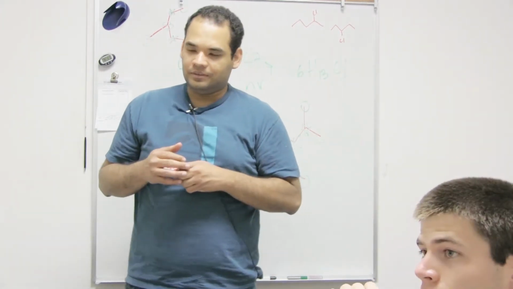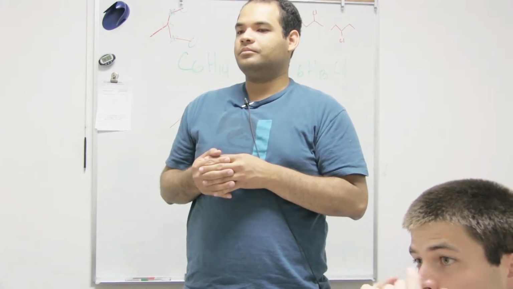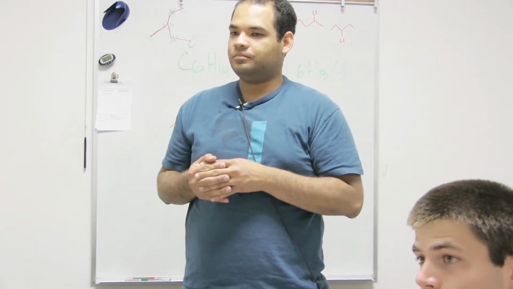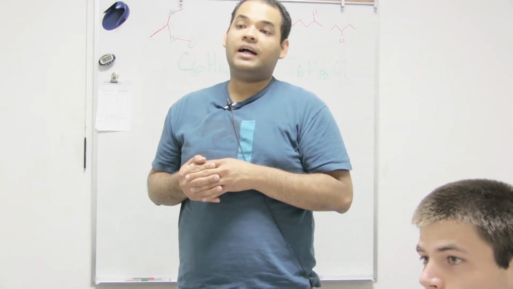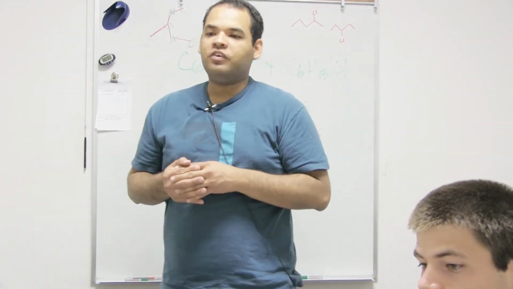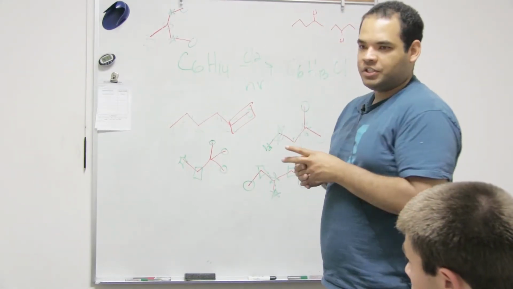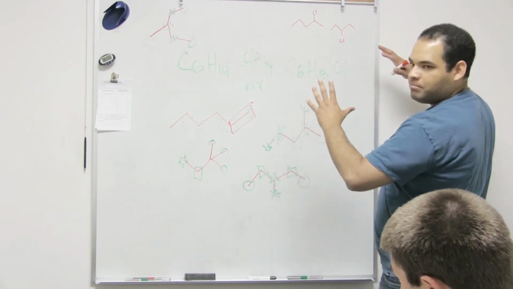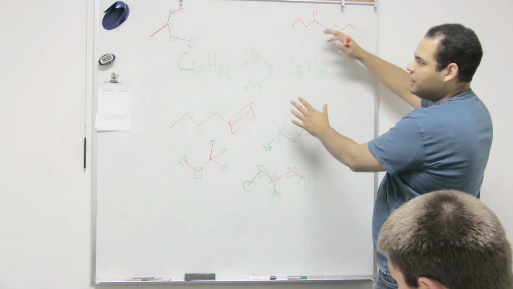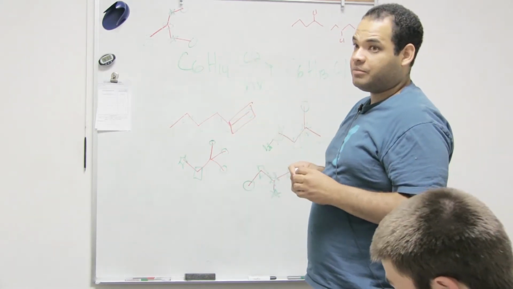Just in order, because they said that bromine is like our second best. We have bromine, then chlorine, then fluorine, and iodine is the worst. For this kind of theoretical situation, we always do chlorination or bromination, because iodine is a really big molecule, it's really hard to fit in there. And bromination is really selective of tertiary substrates.